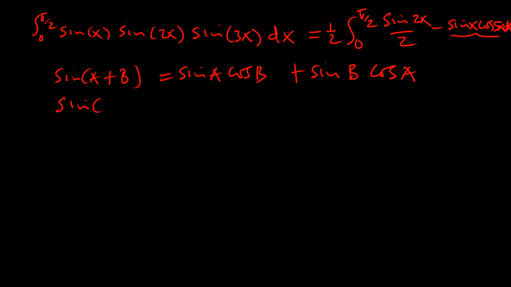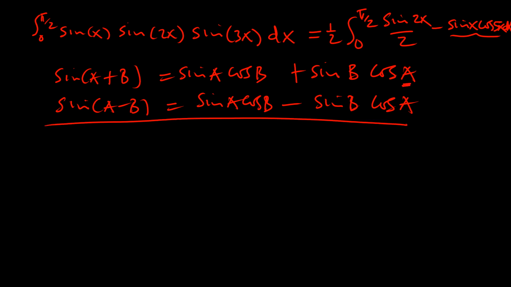Sine a minus b is equal to sine a cosine b minus sine b cosine a. So if we take the 5x to be a, we could focus on this part, and what we'll do is subtract going downwards, right?